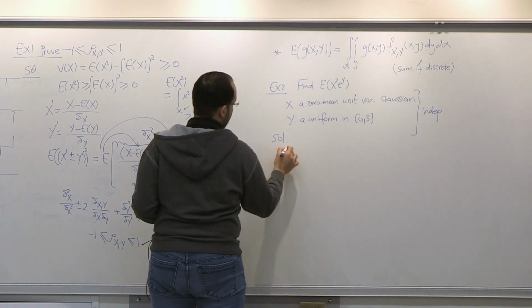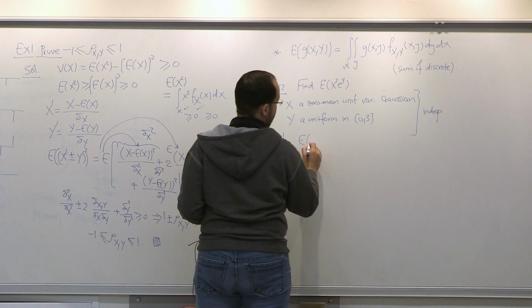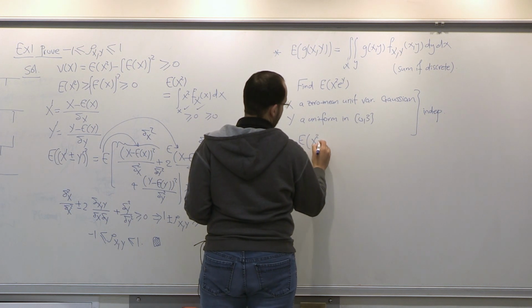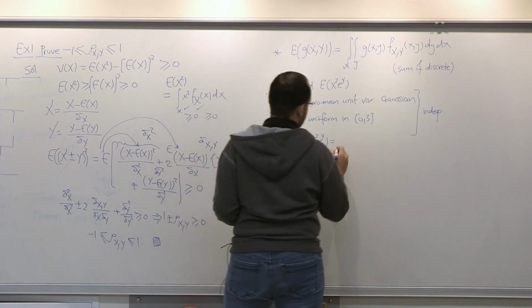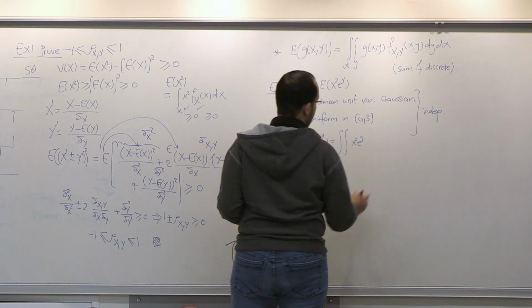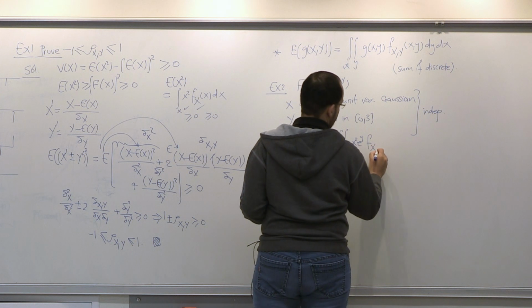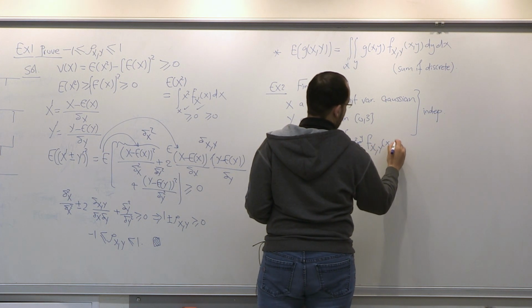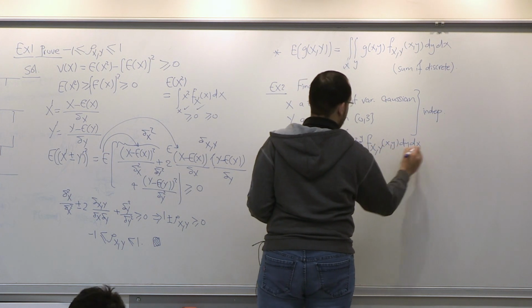We just put the relation of this expectation, so the expected value of this function x squared e to the y is the double integral of x squared e to the y f_XY(x,y) dy dx.